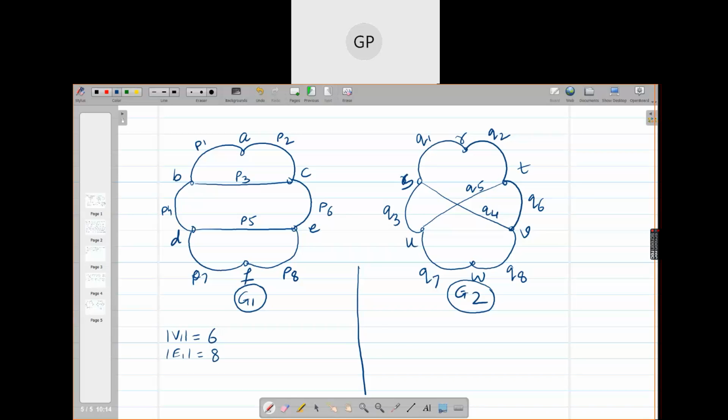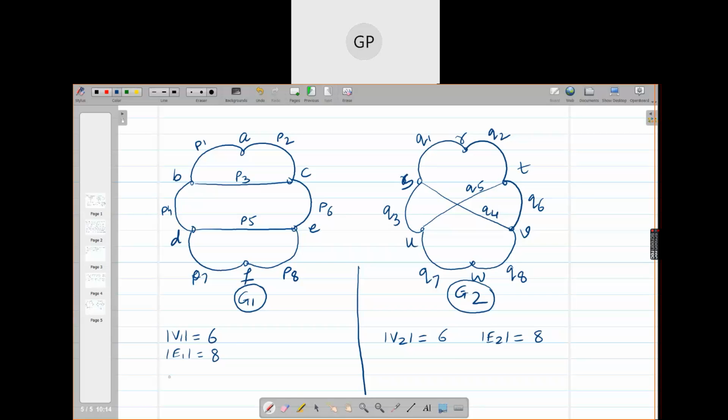Now in G2, how many vertices are there? 6. How many edges? 8. Right? Now, the third condition we want to check: whenever e is an edge in G with end vertices a and b, then the edge f(e) in G dash has end vertices f(a) and f(b).